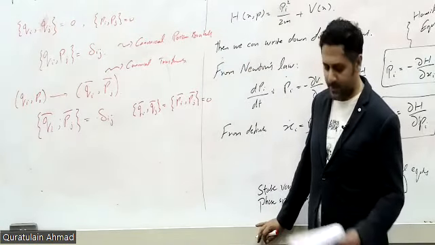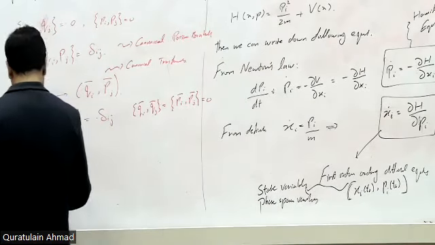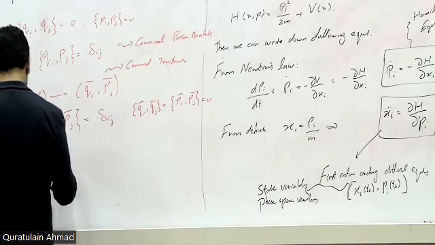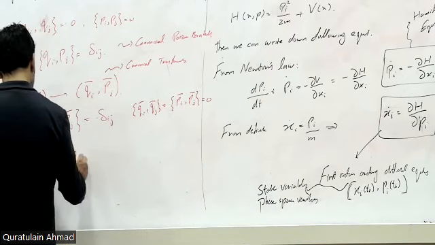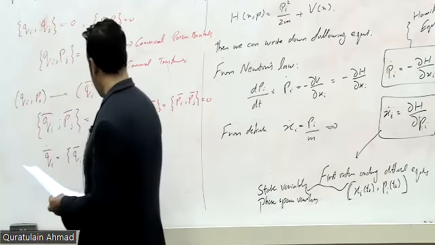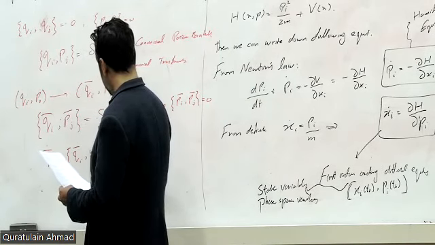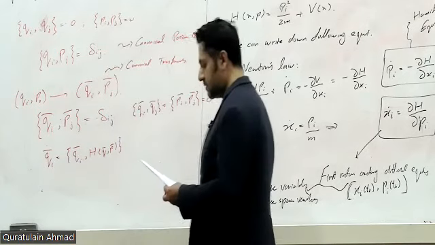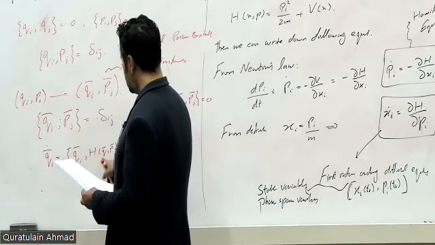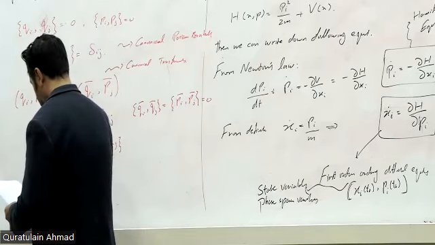And now what happens is, suppose you want to compute this. So this is going to be this, H of Q, P, but you replace H with these. So you get this, and you get this.